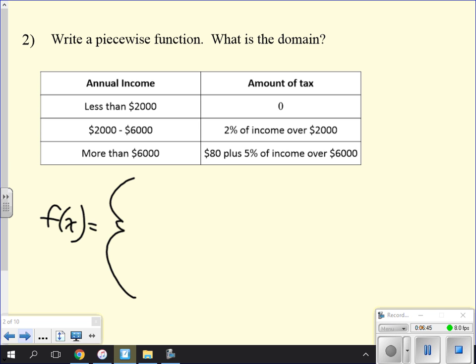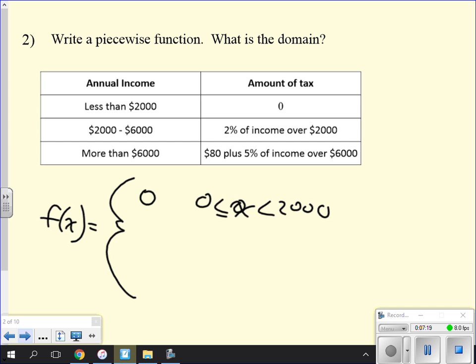I can't have negative income. So my income is from 0 to 2,000. How much taxes do I pay? 0. So my function is 0 when I make less than $2,000. If my income is between $0 and $2,000, the amount that I pay is 0. I don't pay anything.